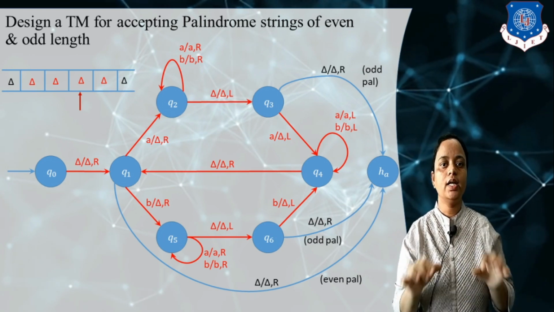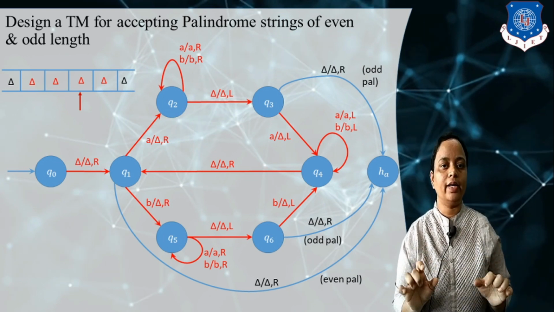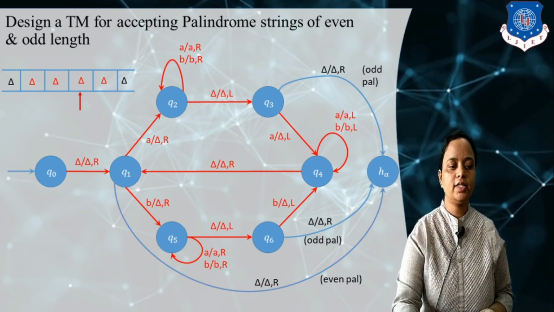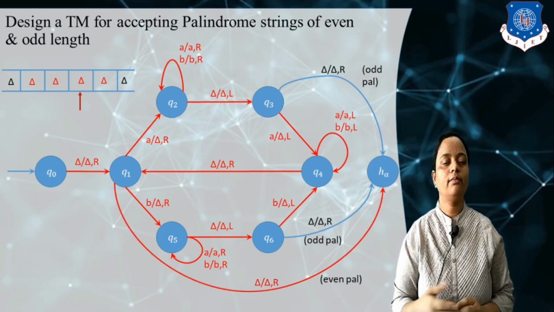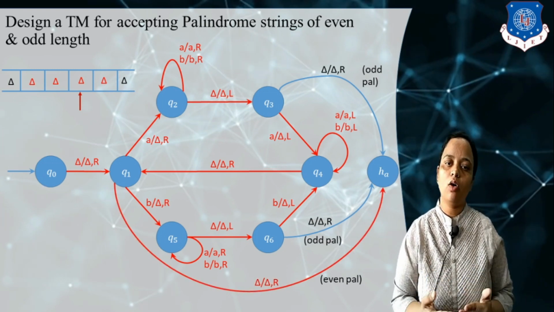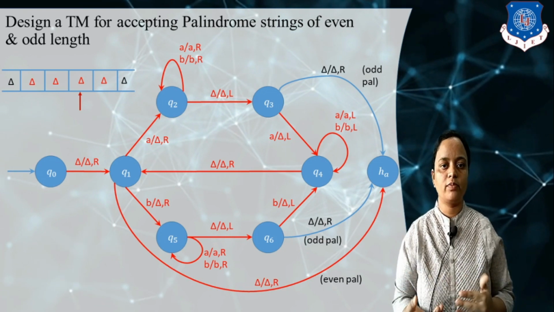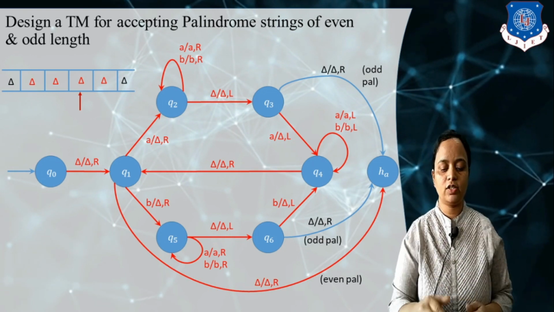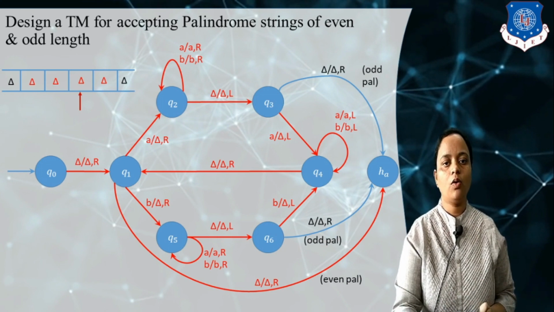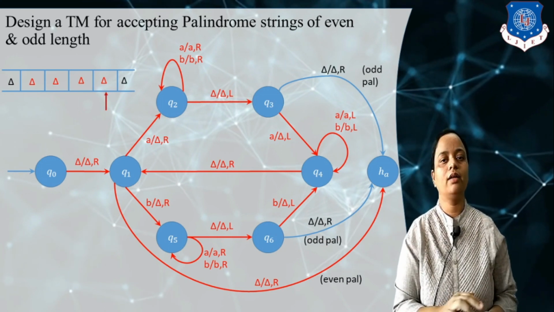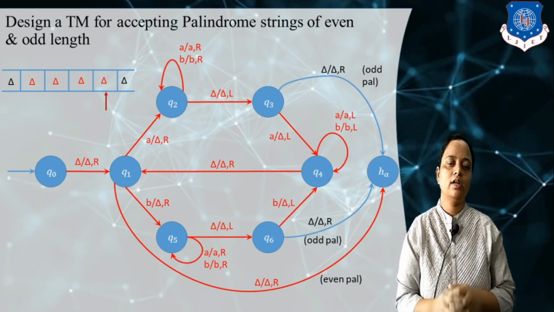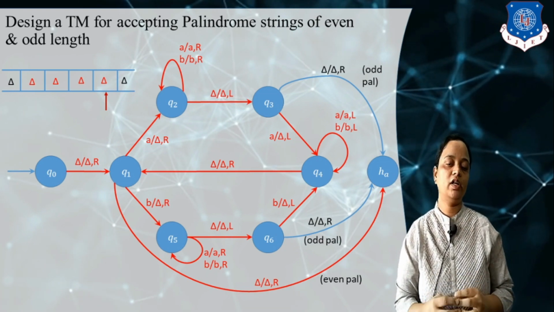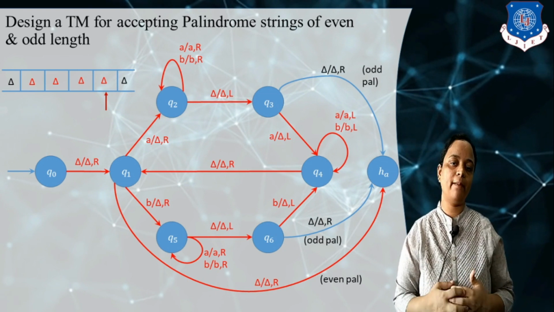It means that this string is my palindrome. So delta is replaced by the delta and move to the right side. We can also write it as stop. So delta is replaced by the delta and stop our tape head, or move to the right direction and move to the halt in accepting state. It means that our task is completed and this is a palindrome.